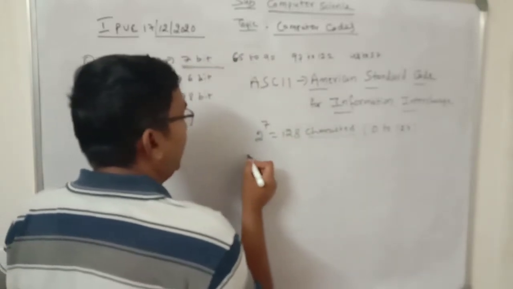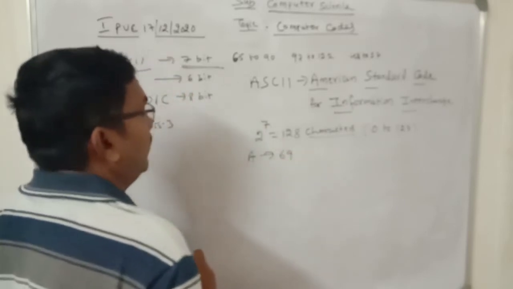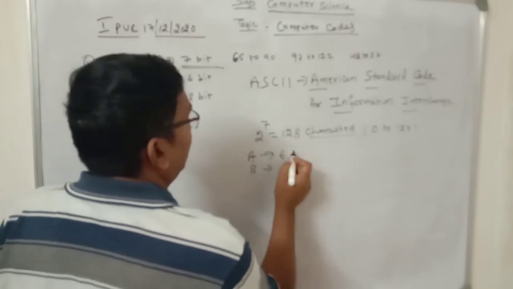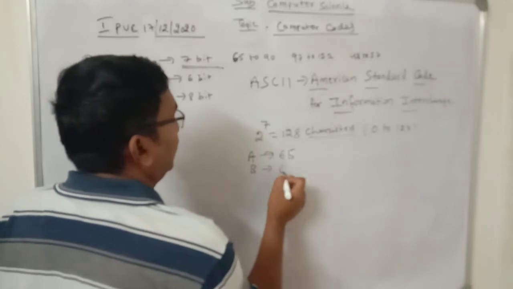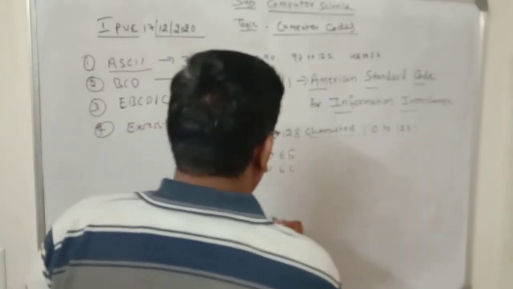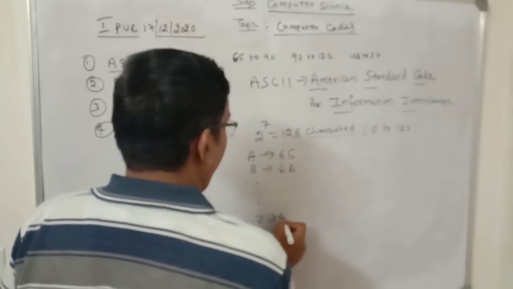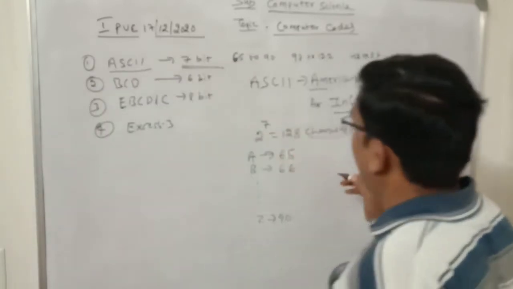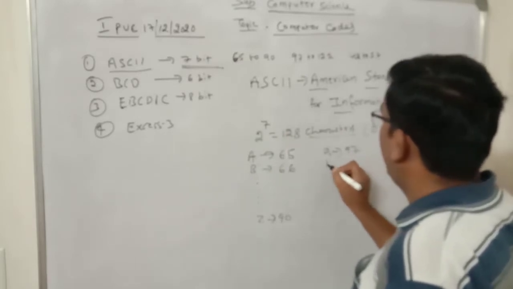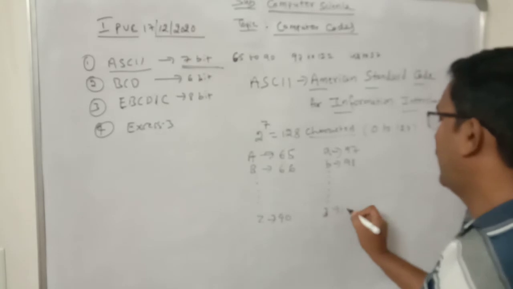The ASCII value of uppercase A is 65, B is 66, and similarly up to Z, which is 90. Similarly, the ASCII value of lowercase a is 97, b is 98, and similarly z is 122.